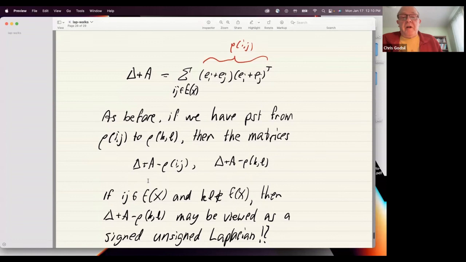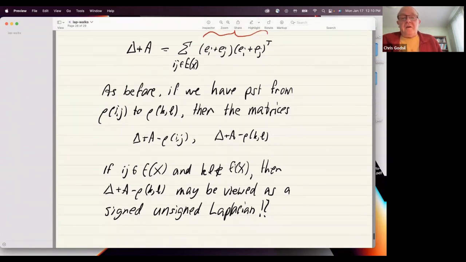And the point is, even if I choose i and j to be an edge of X, it doesn't follow that k and l has to be an edge. In that case, this is a signed sum of adjacency matrices of K2s, and so this is my candidate for a signed unsigned Laplacian, just to confuse the issue.